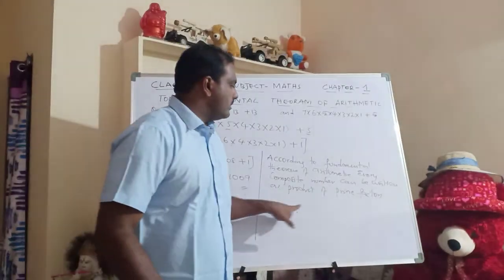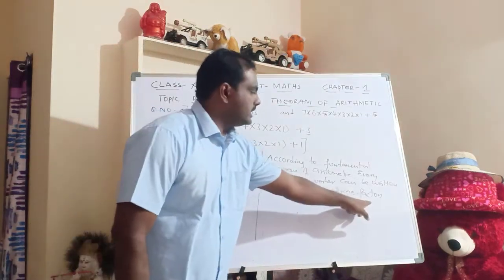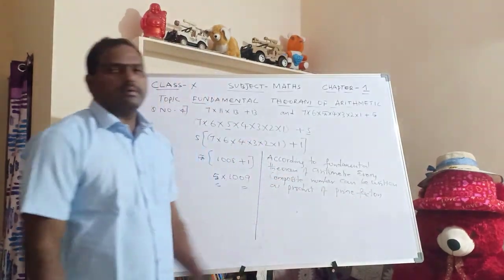So a composite number can be written as prime factors. Means if you reverse the statement, if it is written in terms of prime factors, that is a composite number.